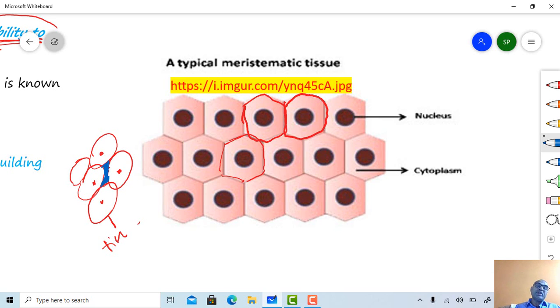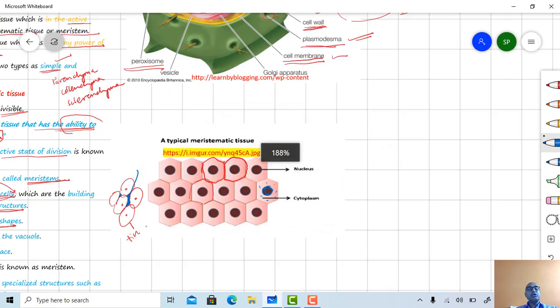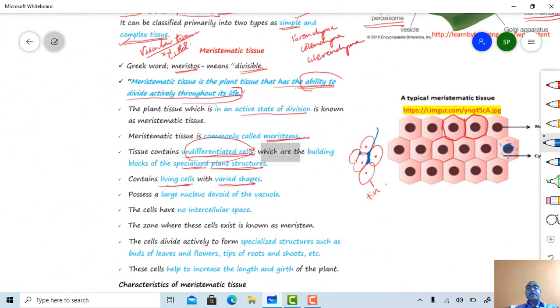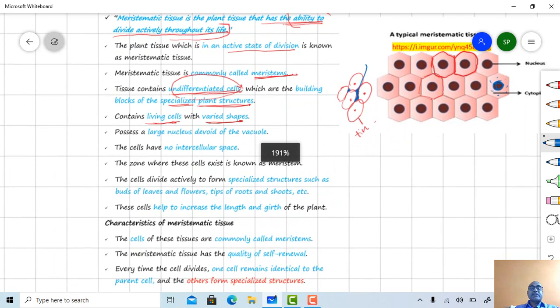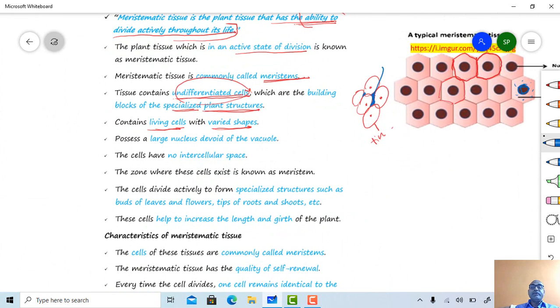Such intercellular space is absent within meristematic cells. These meristematic cells generally consist of a large nucleus along with the cytoplasm. So just see, what are the meristematic cells? These cells are living cells and they have varied shapes.